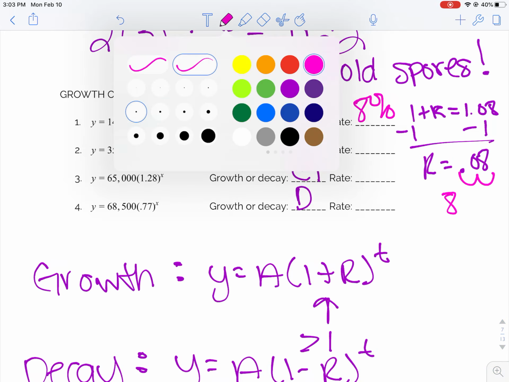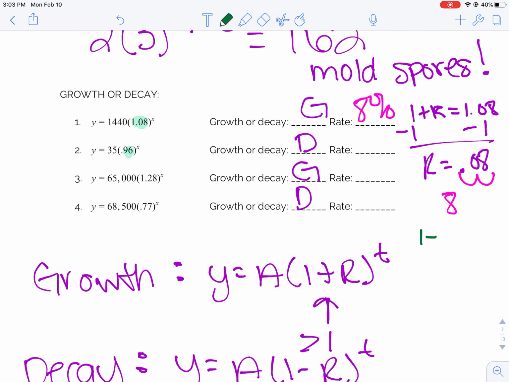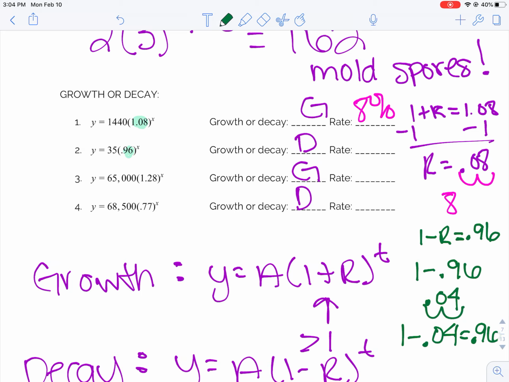Now, if it was a decay problem, I know decay is 1 minus my rate equals 0.96. So honestly, in my calculator, I would do 1 minus 0.96 to figure out what they subtracted. If I do 1 minus 0.96, I get 0.04, and I know that 1 minus 0.04 really does equal 0.96. So the rate was 0.04. If I move that 2 to the right, that gives me 4%.